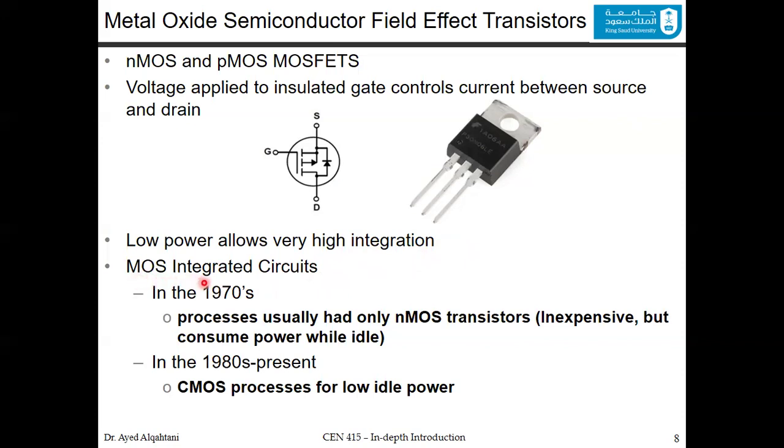In most integrated circuits in the 1970s, the processes usually had only NMOS transistors, so there was no PMOS. The reason was that it was inexpensive, but unfortunately it consumed a lot of power when it was idle. In the 1980s up to the present, CMOS processes are used for low idle power consumption.